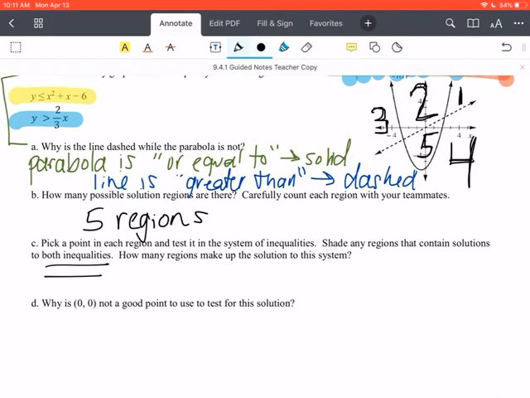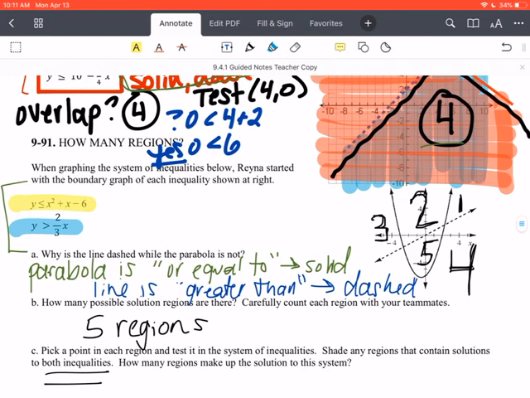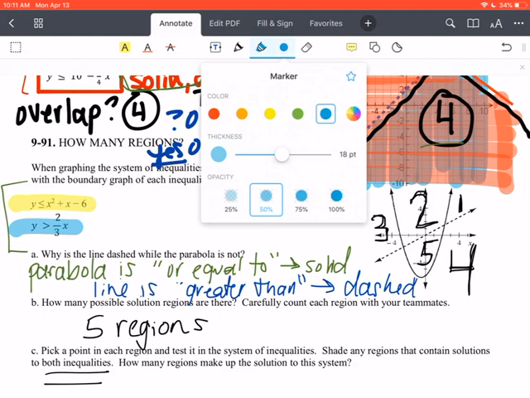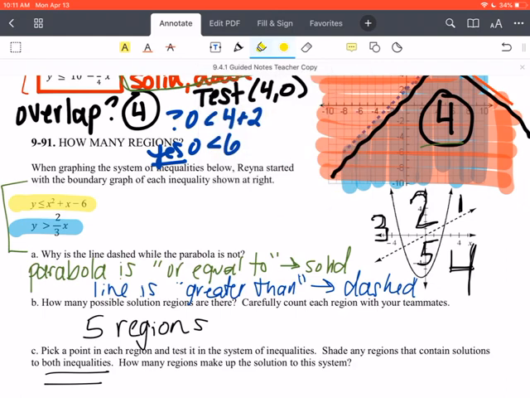So let's go ahead and use our knowledge, and this is what I want you guys to get to being able to do, and let's shade based on what the original inequality says. So the yellow inequality, y is less than or equal to x squared plus x minus 6, uses the less than or equal to. So with less than, we are going to shade straight down from the parabola boundary.